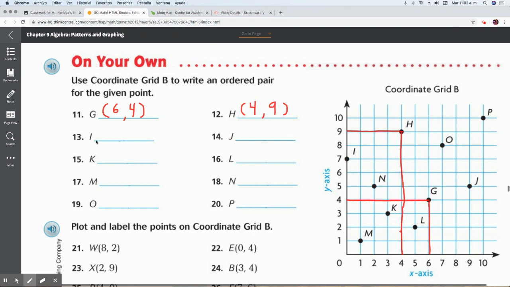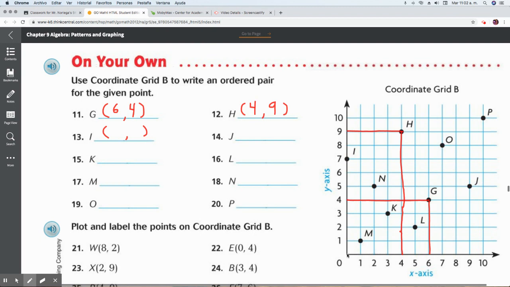Number 13, letter I. Letter I is right here. To find the first number for letter I, you can draw a line segment that touches the x-axis. But if you notice, that point is on the same line, so that means on the x-axis we did not walk any units to the right.